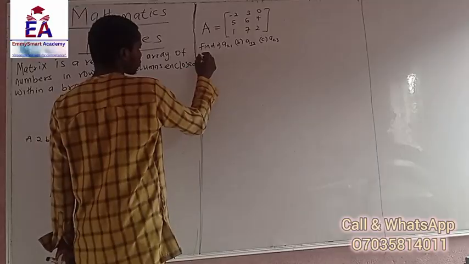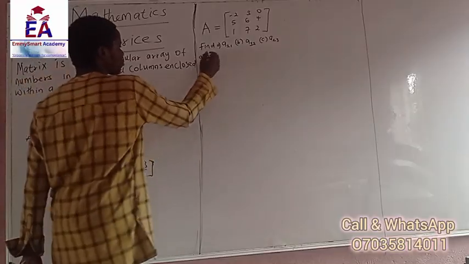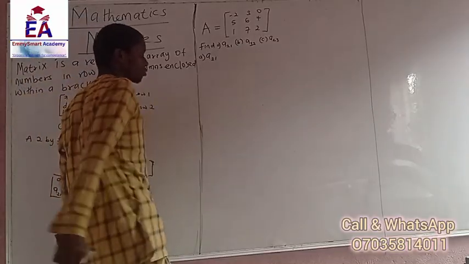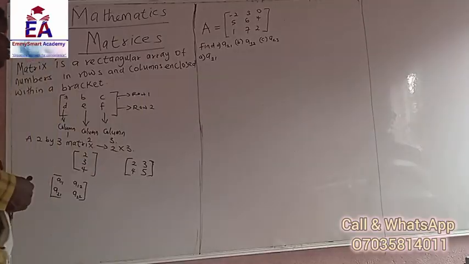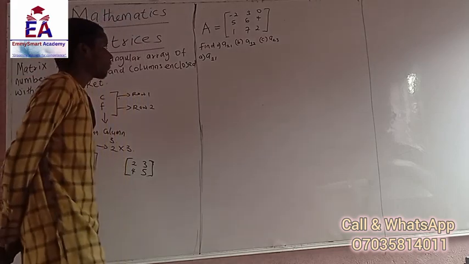So let's find the positions. A21 should be equal to what? Remember, row first before column. So row 2. In row 2, we have 5, 6, and 4. That means row 2, column 1.